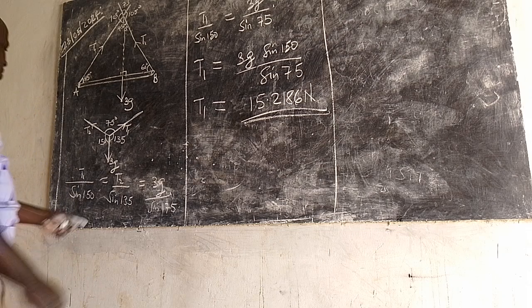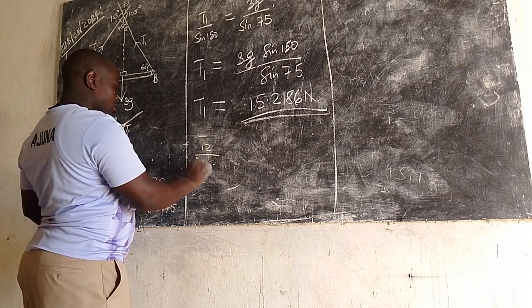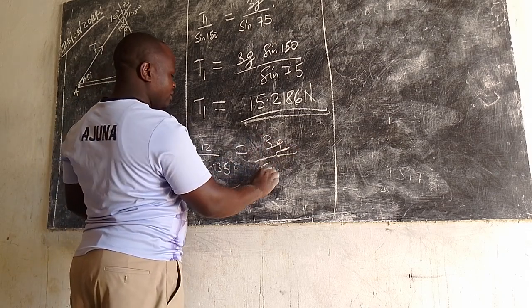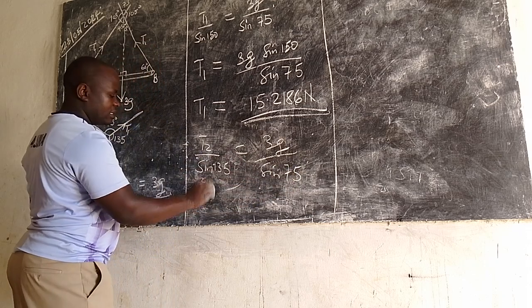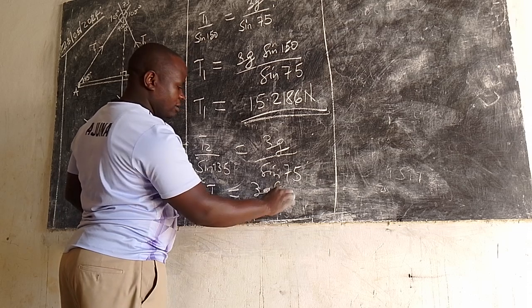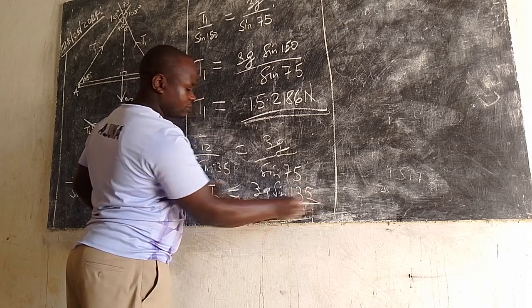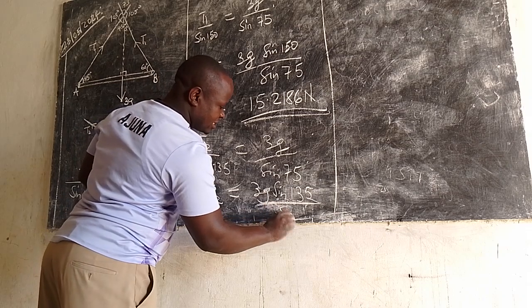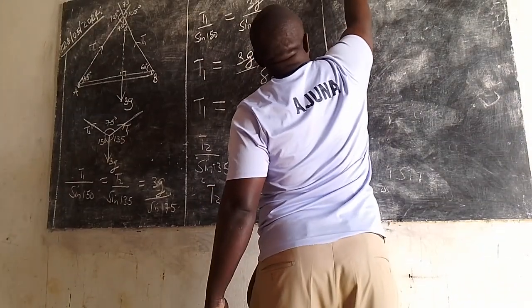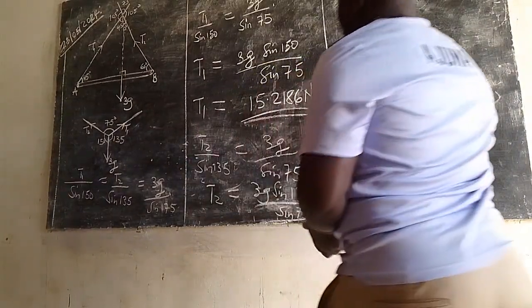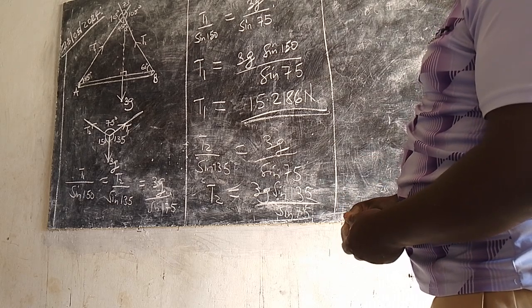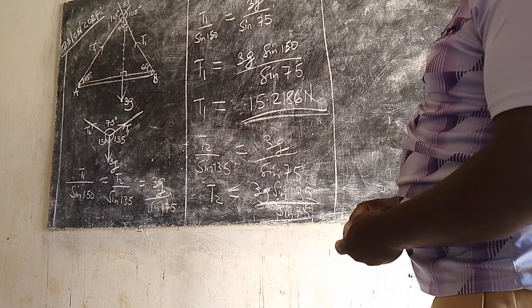Then, by the same reasoning, T2 over sine 135 is also 3G over sine 75. So T2 is basically 3G sine 135 over sine 75, which is 29.4 times sine 135 over sine 75.